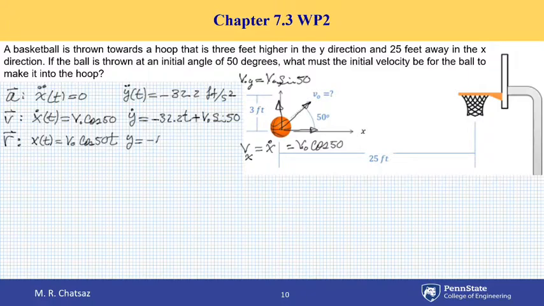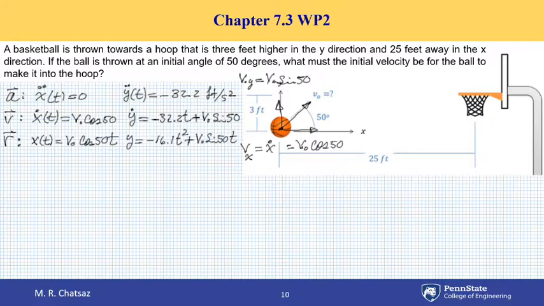So that is going to give me minus 16.1 t squared, plus the integral of this constant, which is v naught sine of 50 times t, plus a constant of integration. Again, because of our choice of putting the origin at the initial position of the ball, this constant of integration is 0.